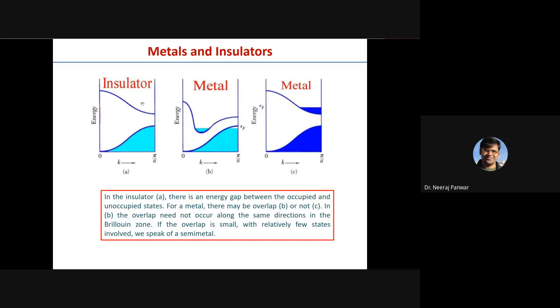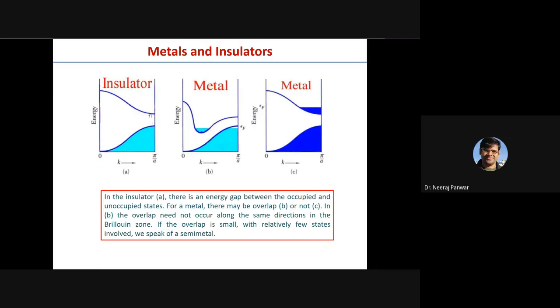So we can tell or describe whether a solid should be an insulator, semiconductor, metal, or a semi-metal. So, for example, this is the E-k diagram in the reduced zone scheme for a particular type of solid, and you can see that this sky blue region tells us that the first band is completely filled, and the second band is separated from the first band by a forbidden energy gap.